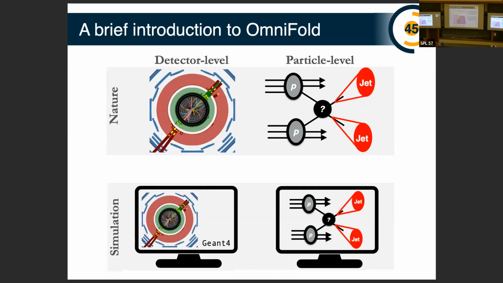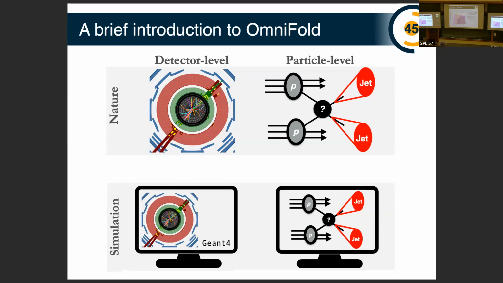Here's a picture where the top row corresponds to nature, and the bottom row corresponds to some synthetic simulations. The word simulation here is a bit overloaded, so I'll call this synthetic. The ultimate goal is to infer the particle-level nature, the hadrons that would have hit our detector without any distortions from the detector.